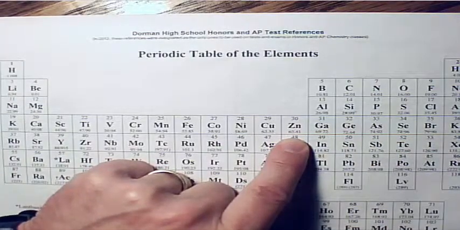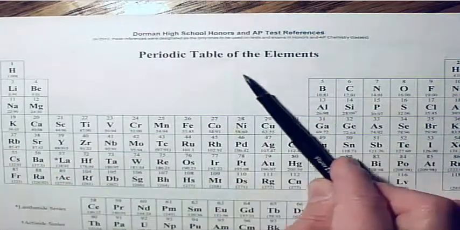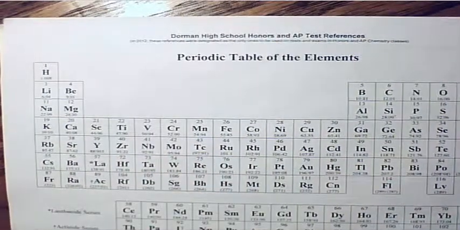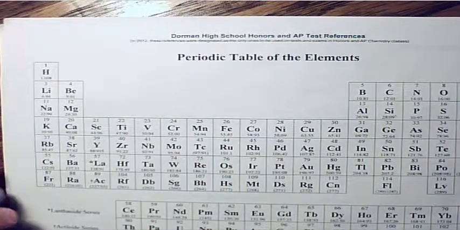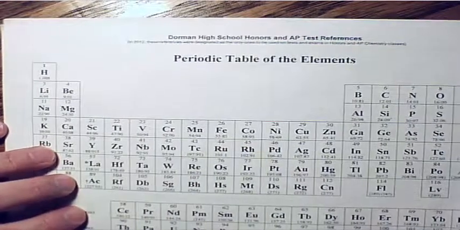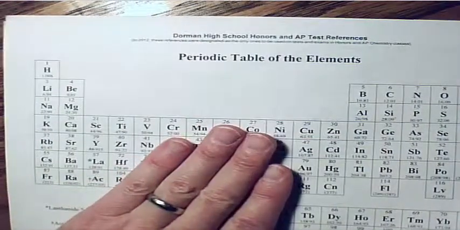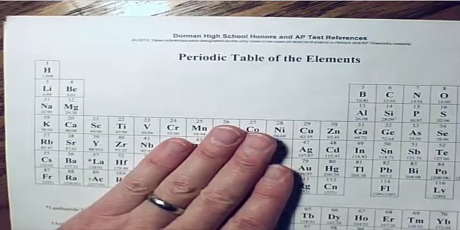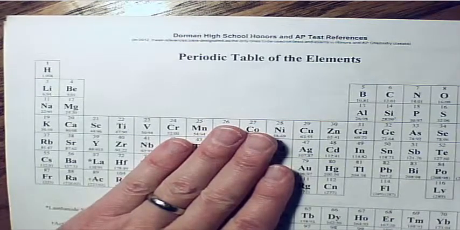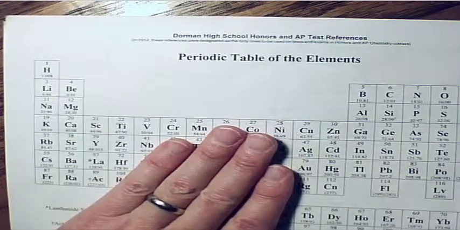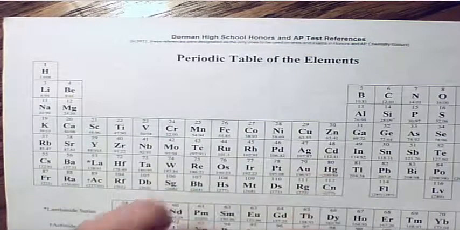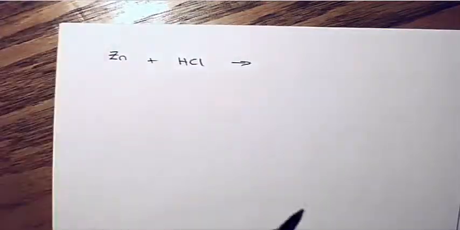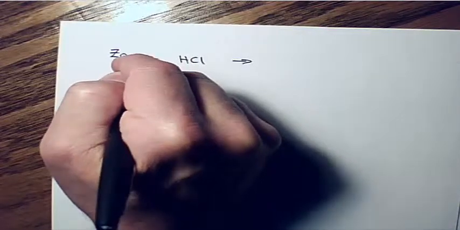Everything on this side over here, those are metals. And we did cover that in Unit 2, right? What were the metals and nonmetals? Well, all these, unless you really heat them up, are going to be solids. You've got to get them pretty hot to get them to be a liquid, but mercury, of course, is a liquid at room temperature and pressure. So, this is a solid.